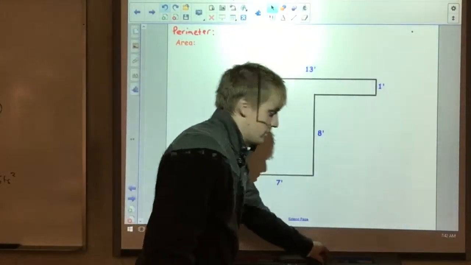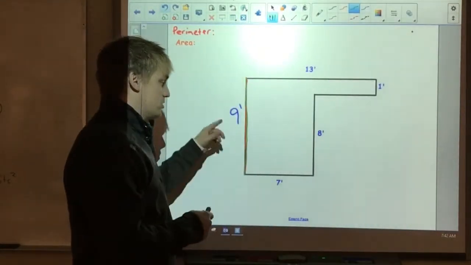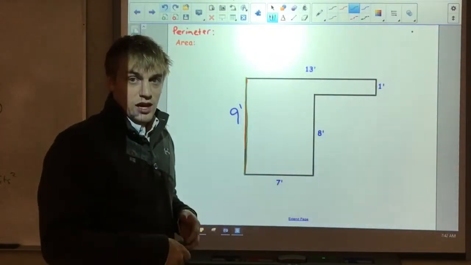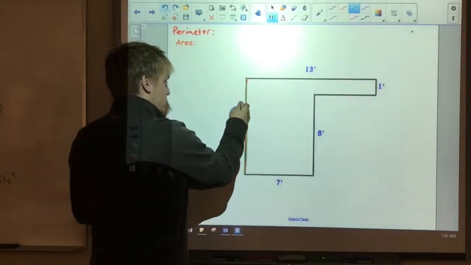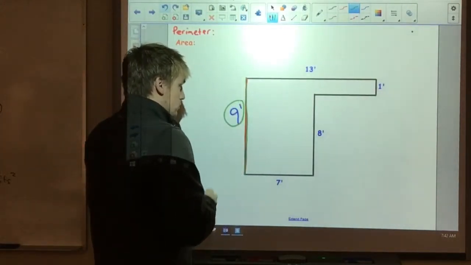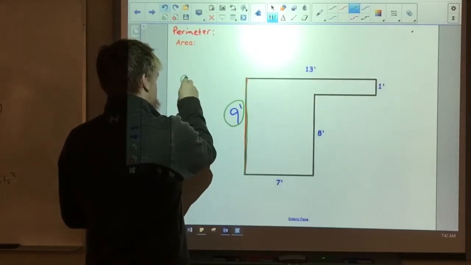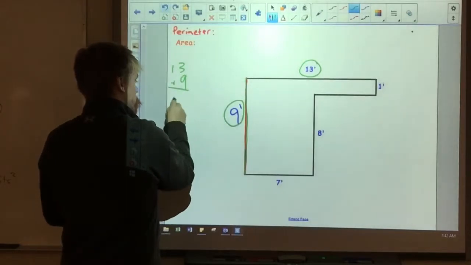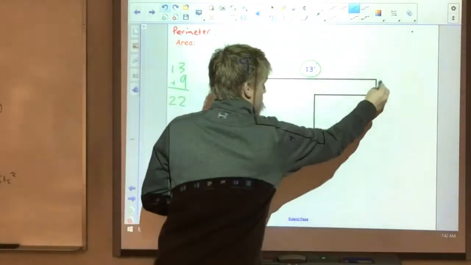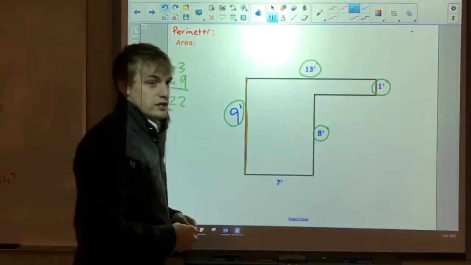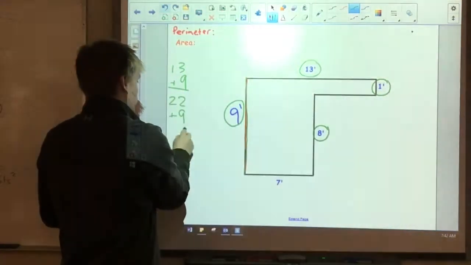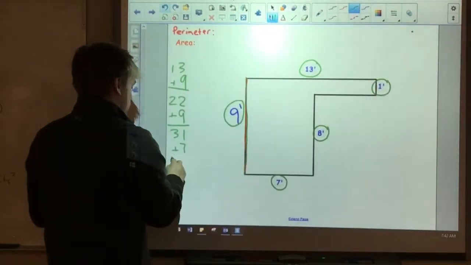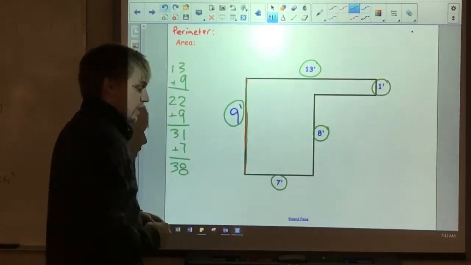And then to find perimeter, we just add it up. When I'm adding them up, I just circle them, or I put some mark next to them just to make sure I know that I've used it and I haven't forgotten it. So I'm just going to circle 9, 13, that's 22, plus 1 and 8, 1 and 8 is 9, so we're going to add 9 again, 31, and 7 is 38.